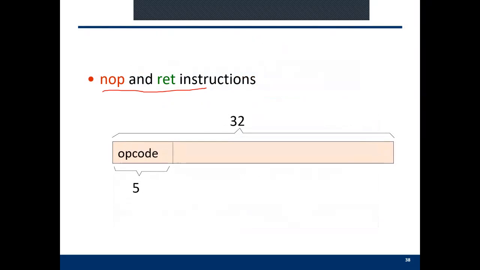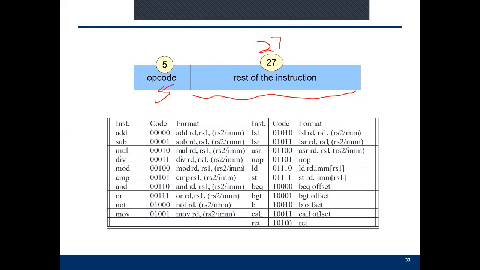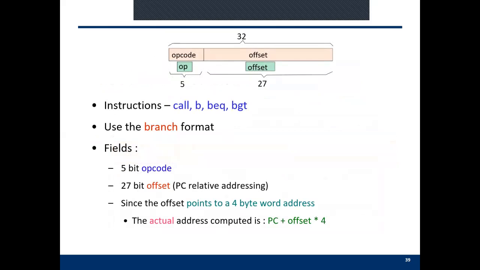The NOP and the return operation have no other fields. They only need an opcode. So the opcode of this one is here, and the opcode of that one is here. They only have one opcode, and do not have the rest. So these are two very simple ones.